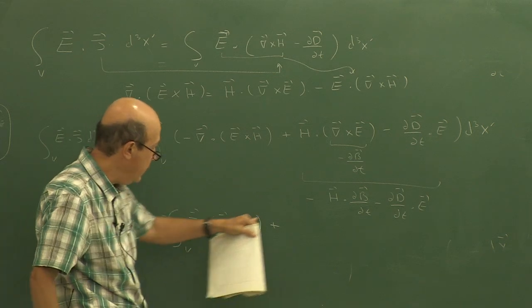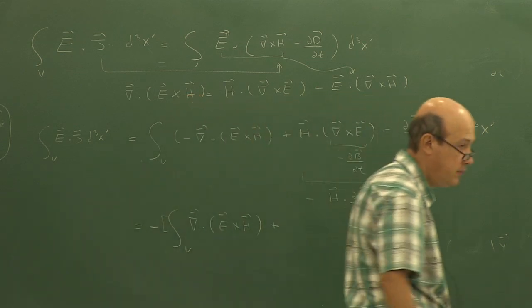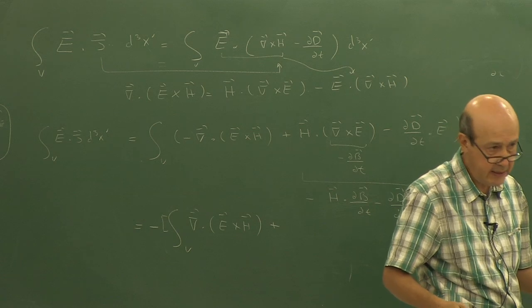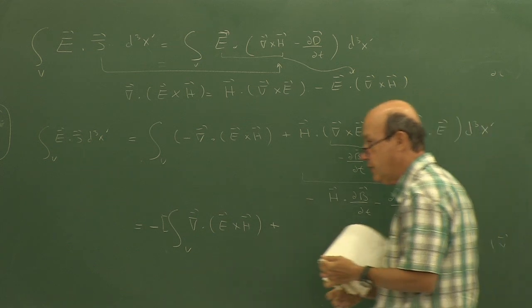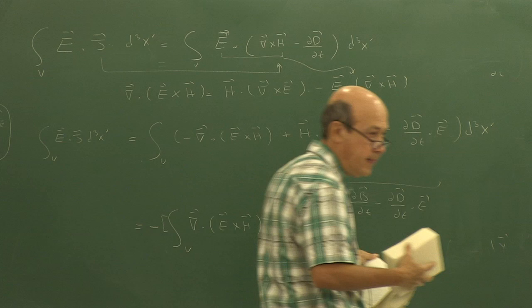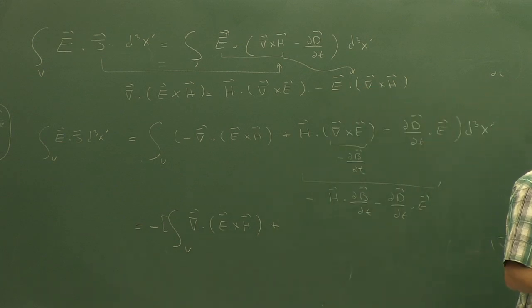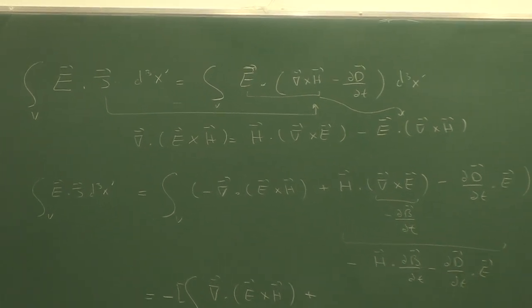And what can I write in this term? What is this? You know the answer. It is the energy density. So what is the energy density? The energy density is 1 over 2 of E dot D plus B dot H. Therefore, that term will be the partial time derivative of the energy density.